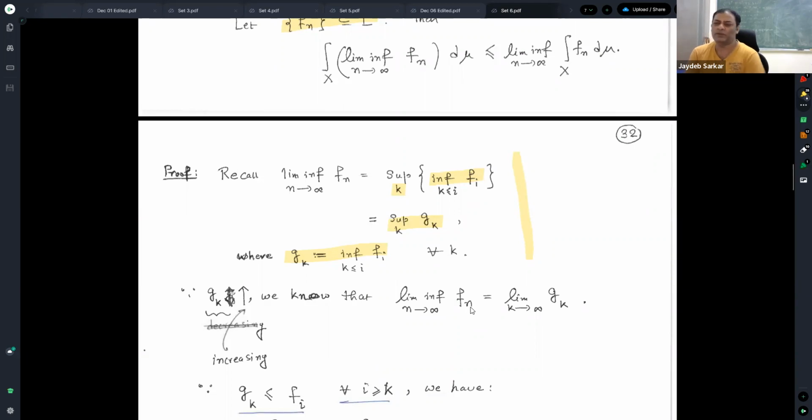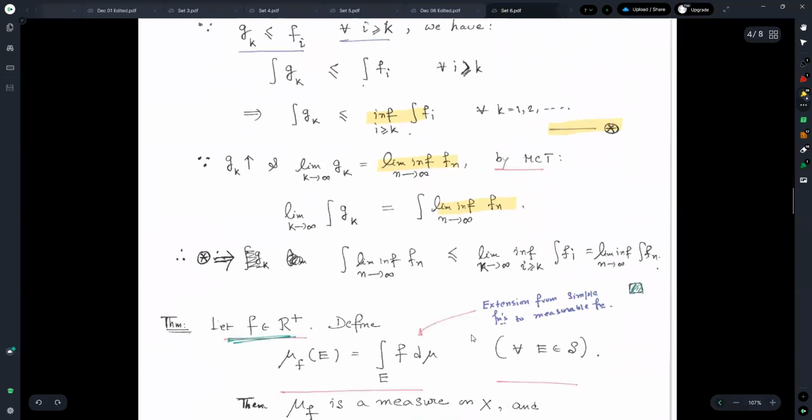In MCT, you want to compute a double integration or triple integration and so on. You do not know how to do it directly, but you go for iteration. Iteration is perhaps the way to compute, right? So Fubini's theorem is very useful, and when you talk about product measure or product domain, Fubini's theorem gives you the tool to compute. And I think the proof requires one of these pillar results.